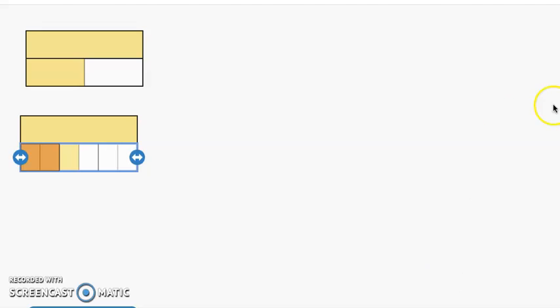Let me see if I can get the pen working here, right? It can fit in 1 time, 2 times, 3 times, right? Because we can divide this into thirds. We see it goes into a 4th time, but then what's this?